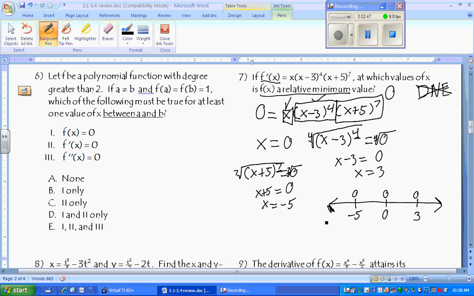Now, when you plug in f of, let's say, negative 6, because that's less than negative 5, into your calculator, you're going to get a positive value. This whole thing is the f prime of x number line.